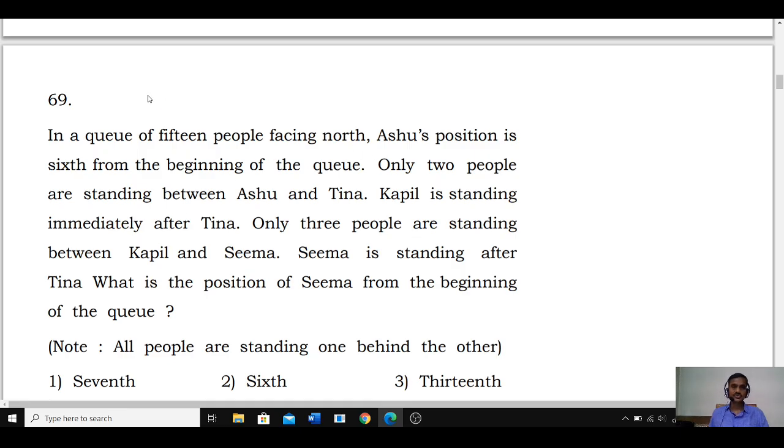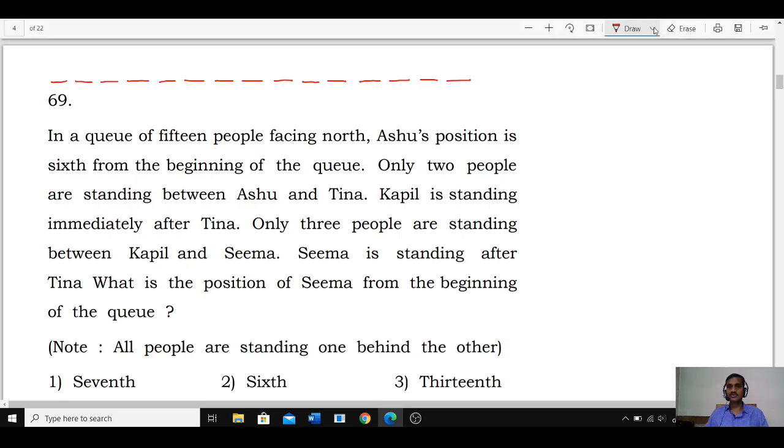Then Ashu's position is 6th from the beginning of the queue. Now 1, 2, 3, 4, 5, 6, 7, 8, 9, 10, 11, 12, 13, 14, 15. Altogether, how many persons are there? 15 people.